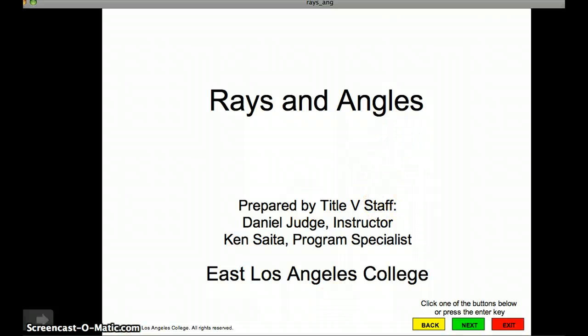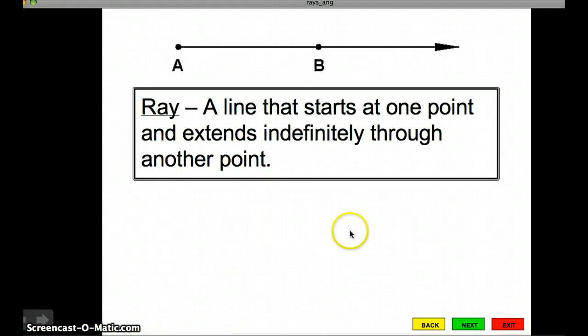So here's the first slide, the title page, and the teacher will simply continue through the slides and stop when he needs to talk and explain something. The next slide is ray, which is a line that starts at one point and extends indefinitely through another point.